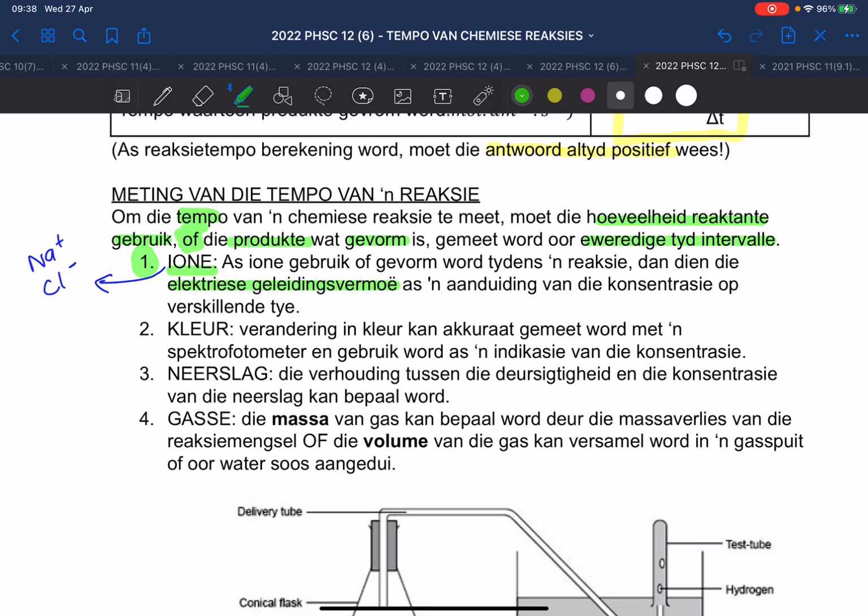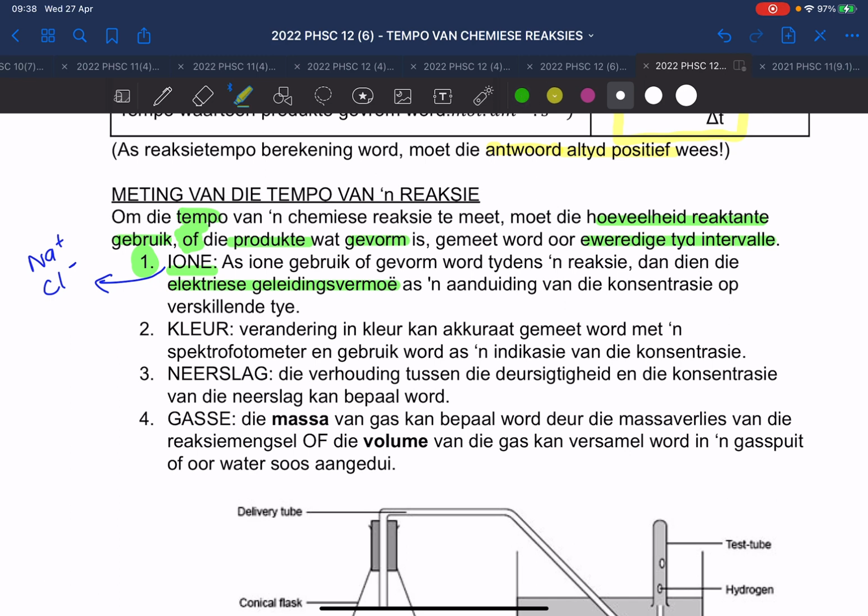So, as jou reaksie ione produseer, dan gaan hy elektrisiteit beter gelei en beter gelei en beter gelei. So then you can put in a light bulb, or you can put in an ammeter, or your voltmeter or whatever, and see how the current increases per unit time. Okay, so dis een manier om dit te doen.